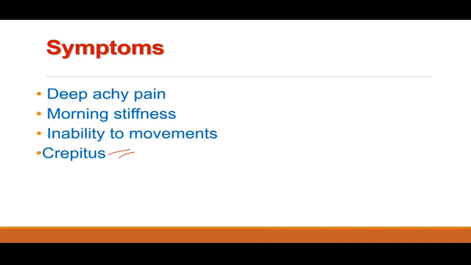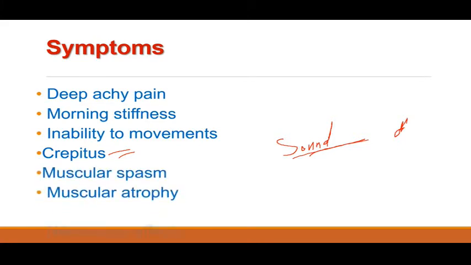It may be any grinding, cracking, creaking, grating, crunching or popping that occurs when moving a joint. People can experience crepitus at any age, but it becomes more common as people get older. Next are muscular spasm, muscular atrophy and neurologic effects.